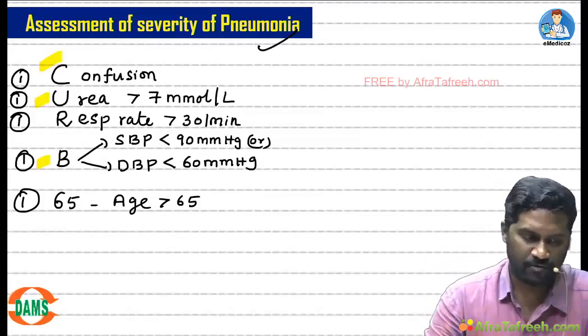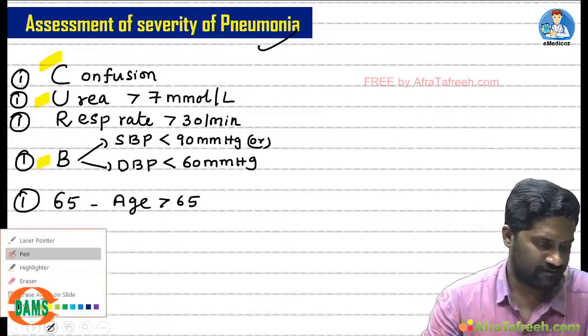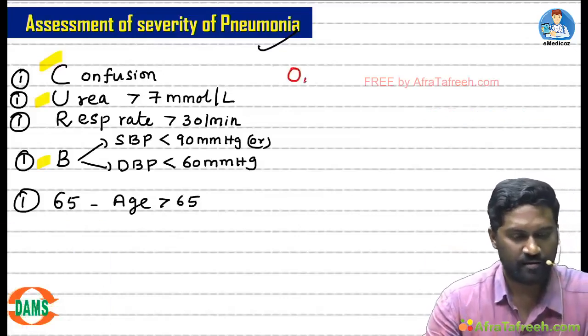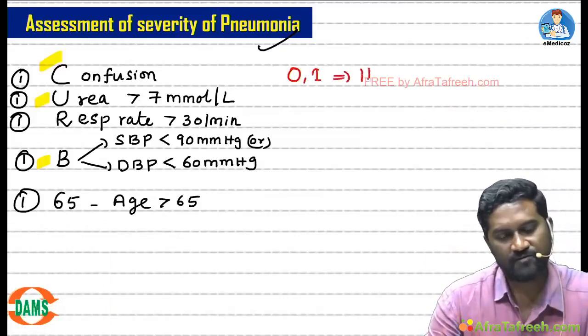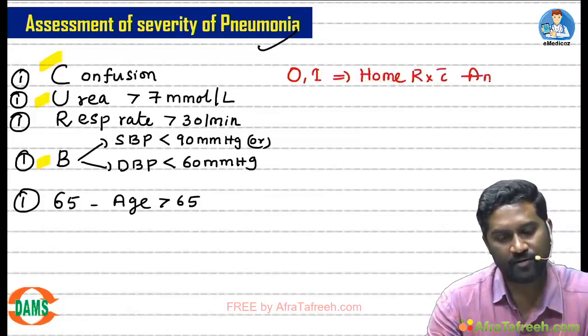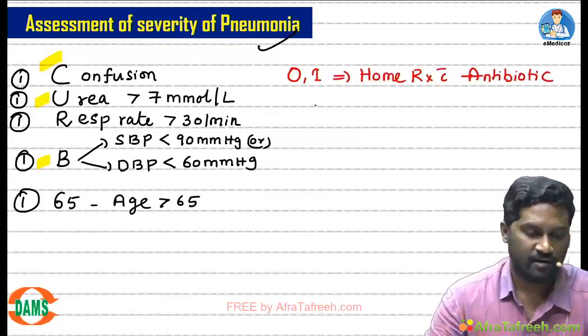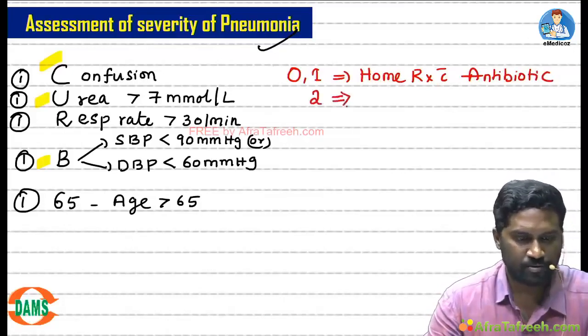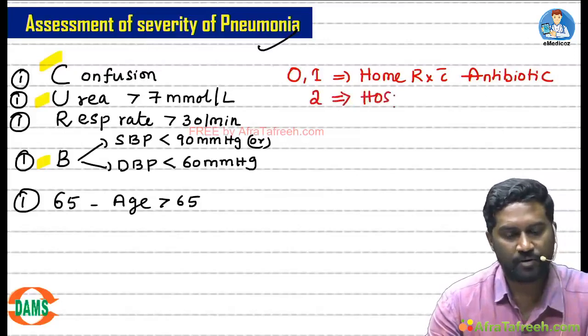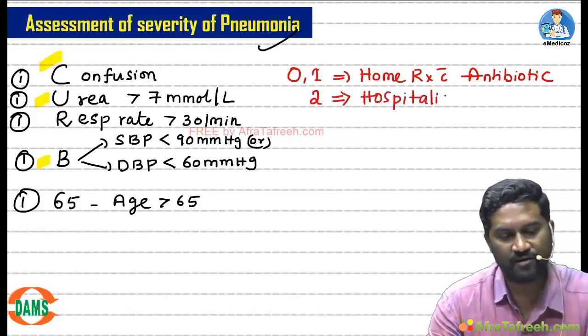Now if the score is in the range of 0-1, for these patients, home treatment with antibiotic is advised. If the score is 2, I am going to hospitalize and treat.